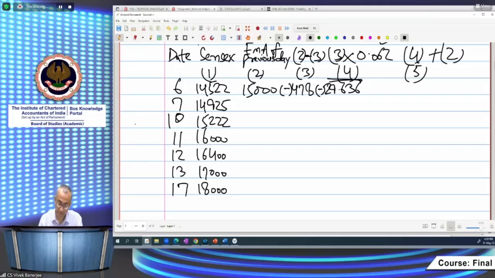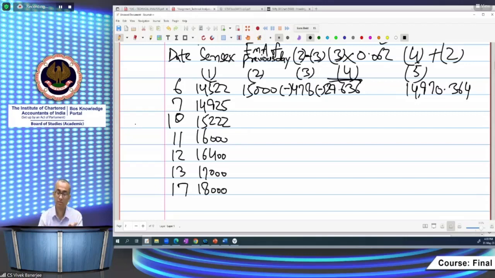Since it is minus, it will actually be deducted. So the final figure, the exponential moving average on 6th of January, is 14,970.364.